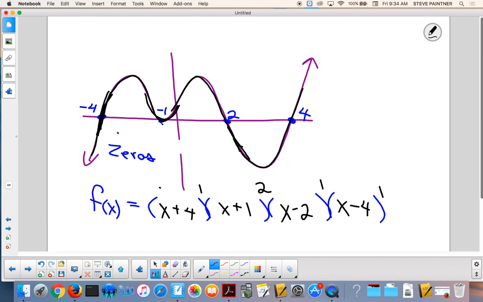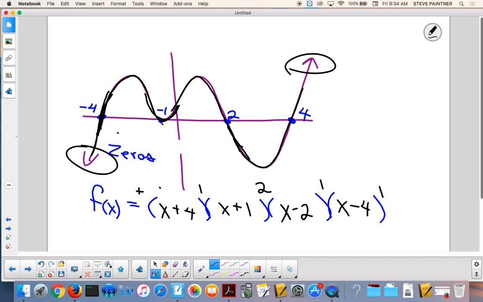Okay, talk to me. What about the end behavior? Down on the left, up on the right. That line goes up, so it should be positive or negative? Positive. You don't have to put a positive; if you leave it blank, it's positive. Is this an odd or an even polynomial?